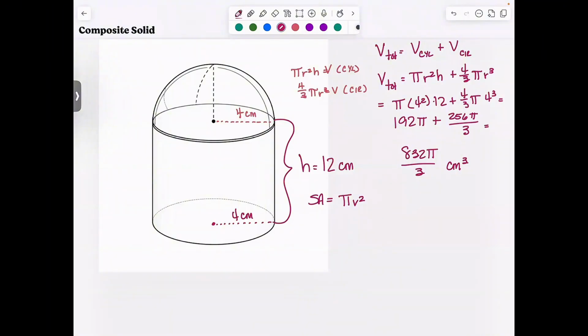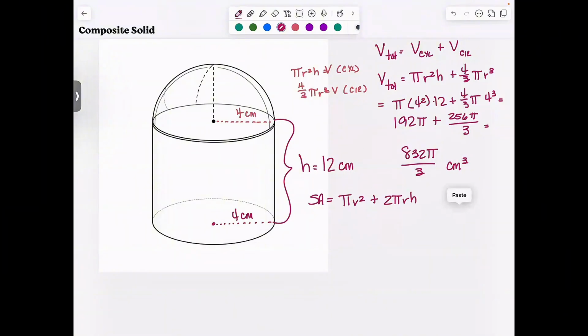We'll just do one circle. And then the lateral area: the circumference of a circle is 2 pi r, and we're just stacking a bunch of circles on top of each other to get that lateral surface area.